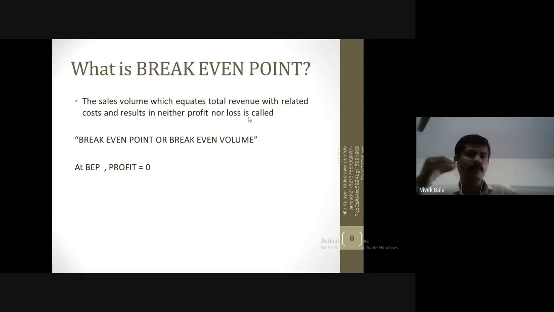Whenever a new production is carried out or any decision is taken, a decision maker must keep in mind the break-even point of this decision. Because of this decision, the company may not be in loss or in profit, so at least they should try to achieve the break-even point, where total cost is equal to total sales. It means there is no profit, no loss.